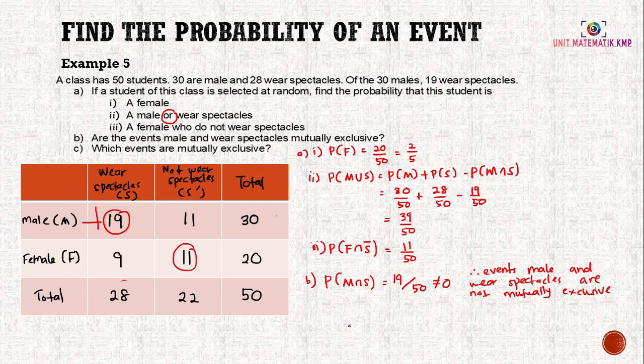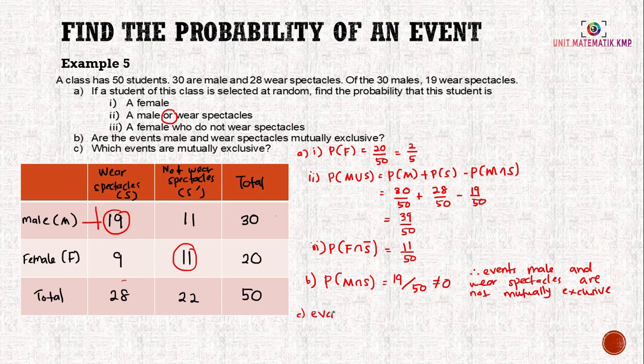Okay, so next, bila dia bukan mutually exclusive, dia tanya pula which events are mutually exclusive. So event yang mana yang cannot happen at the same time? So daripada table ni we can see that male dan juga event female cannot happen at the same time.